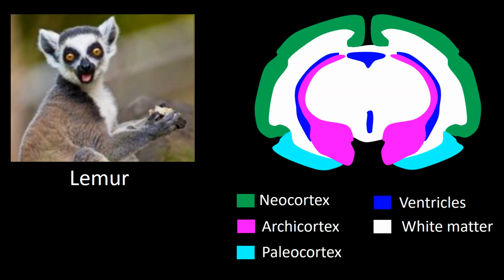The lemur brain shape is more in line with the human brain. The paleocortex has decreased. The archicortex has probably increased some, and certainly has continued its inferior migration. The neocortex has increased.